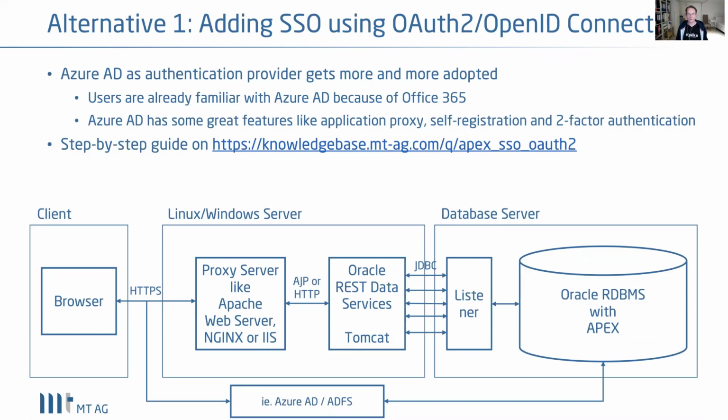Apex now has an authorization code and sends that to Azure AD, and then gets an access token. With that access token, it also holds the username of the Apex user, and it can then create the Apex session. This only happens back and forth the first time. As soon as you're logged in to Apex, no communication with Azure AD is needed anymore, as long as your browser session is still alive.